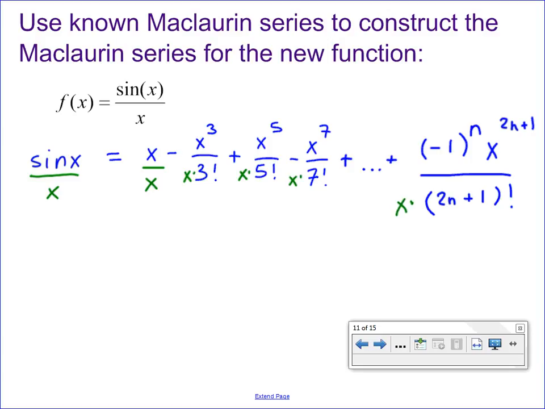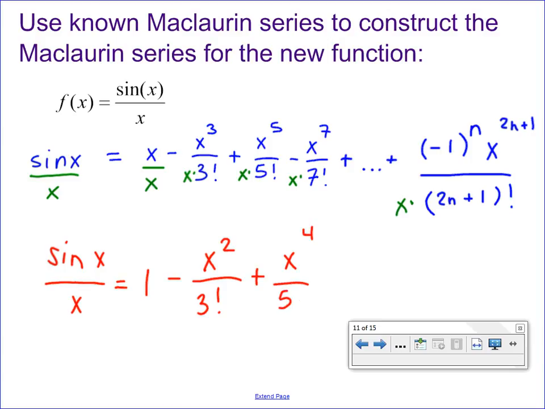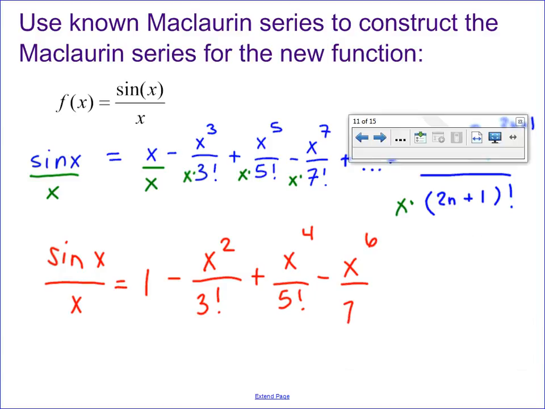That means my representation for sine of x over x would be given by 1 minus x squared over 3 factorial plus x to the 4th over 5 factorial minus x to the 6th over 7 factorial.